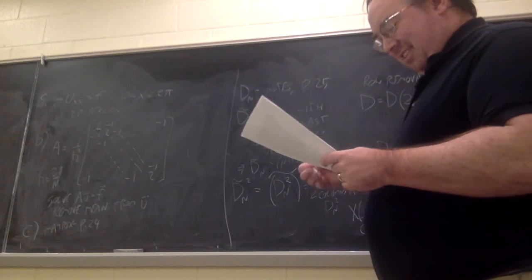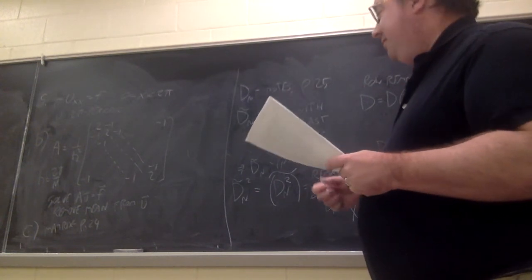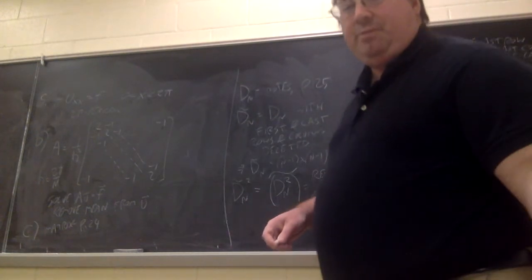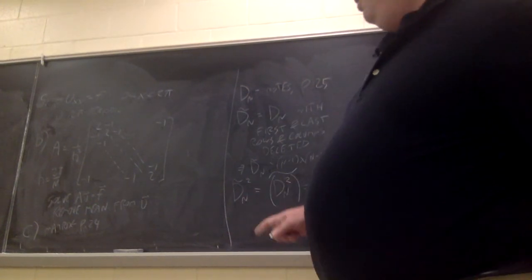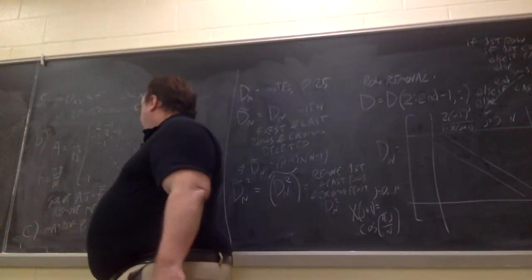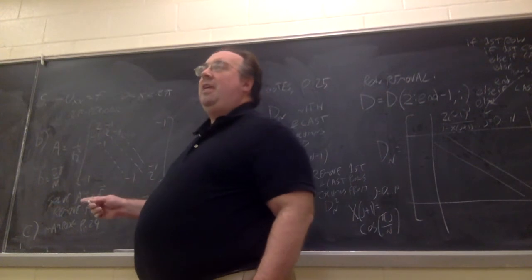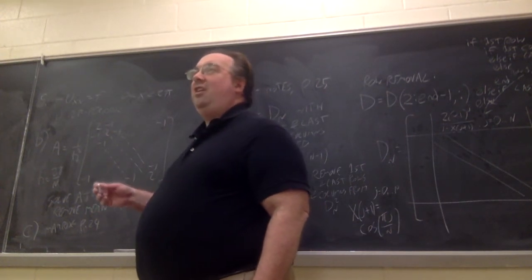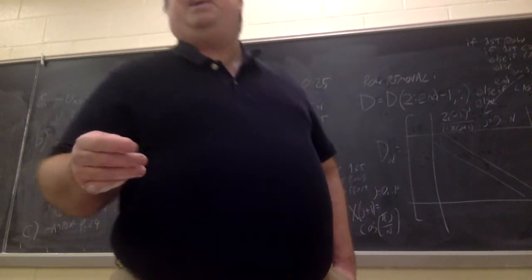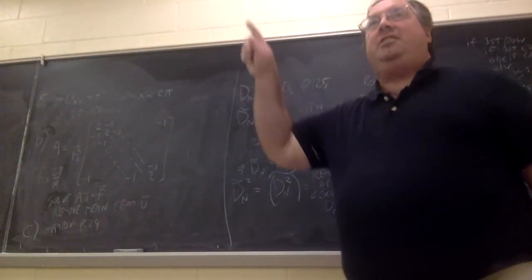Okay, so, all right, so the matrix is given on page 24. Well, there's two matrices. There's one for the first derivative and one for the second derivative. So both of these matrices are Toeplitz, meaning they have the same entry down each diagonal.